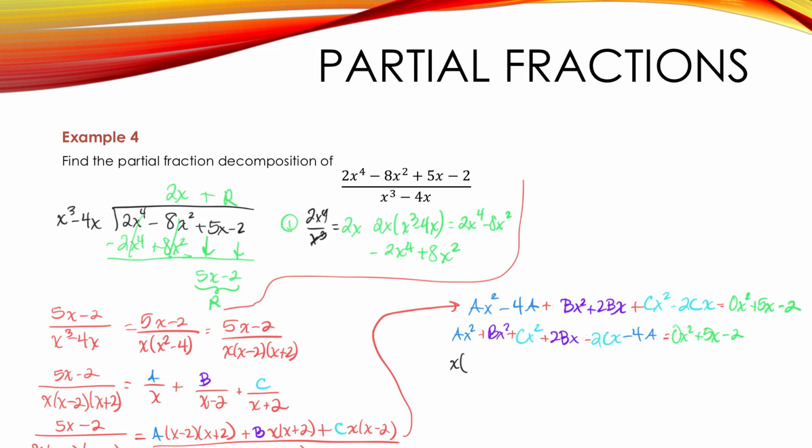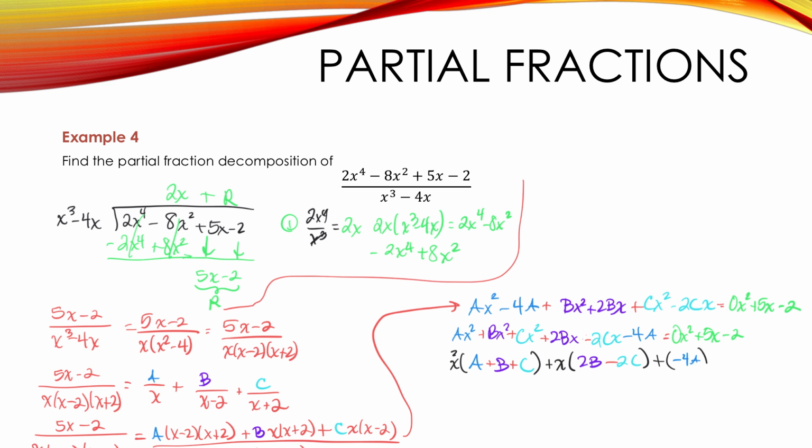And these are our x squareds: a plus b plus c. And in terms of x's, we only have 2b minus 2c. And this is where the fun comes in. It's plus, then our only constant is a negative 4a.